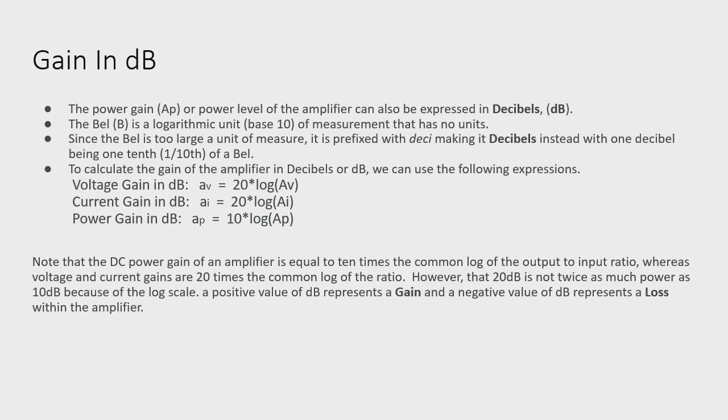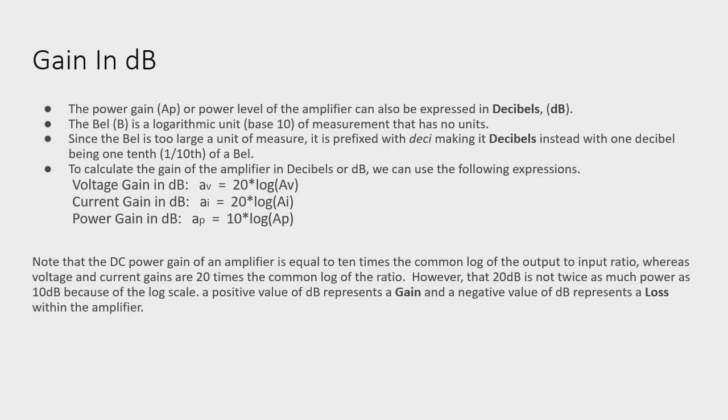To calculate the gain of the amplifier in decibels, we can use the equations: voltage gain AV in dB is equal to 20 log AV, current gain would be 20 log AI, and power gain would be 10 log AP in decibels.